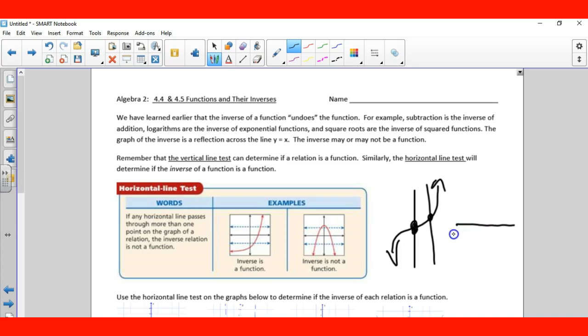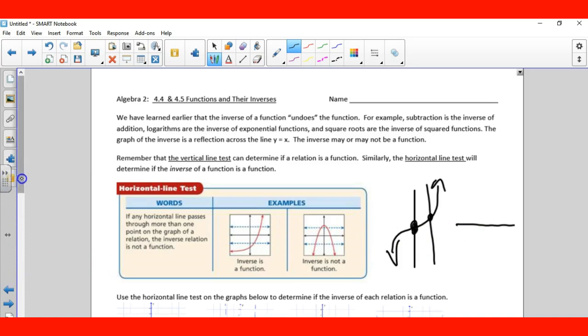With the vertical line test, if it touches a relation once, it's a function; if it touches more than once, it is not. With the horizontal line test, you look at the inverse. If the horizontal line touches the inverse relation more than once, it is not a function. If it only touches once, it's a function.